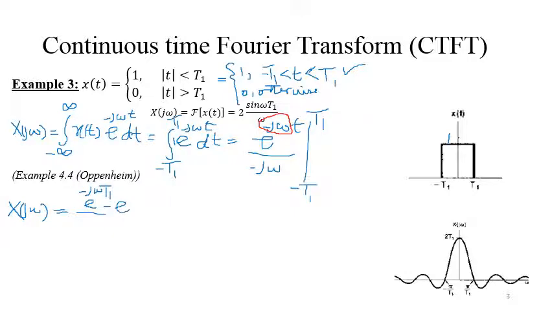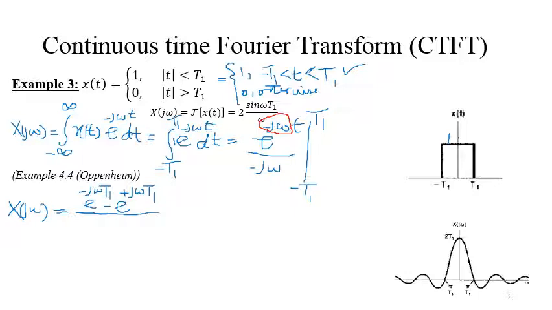The lower limit is also minus, so minus minus becomes plus, and we get e to the power j omega t1.